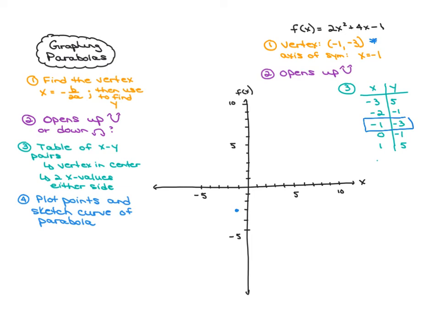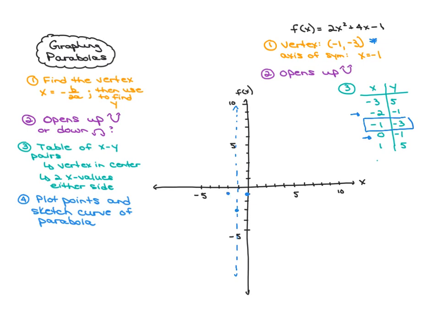If you want, it can also be helpful to sometimes just draw a little dashed line to show that axis of symmetry, to remember that everything about the parabola is going to be symmetrical across that line. All right, let's next plot 0, negative 1, and the mirror point, negative 2, negative 1.